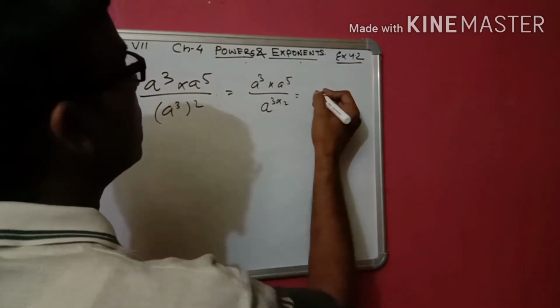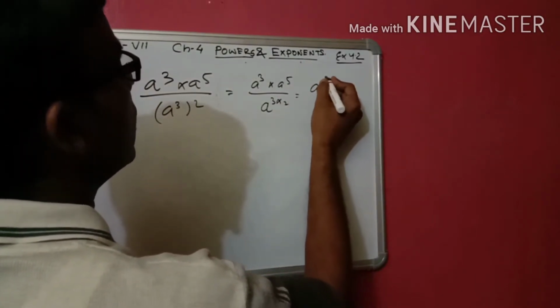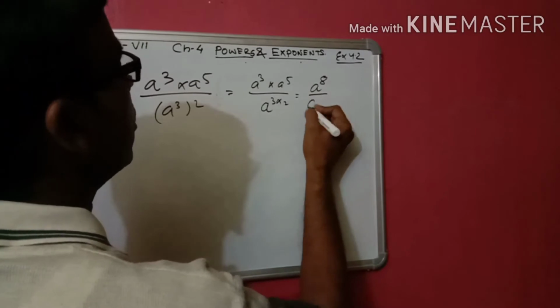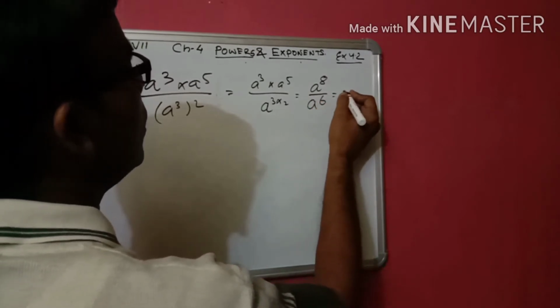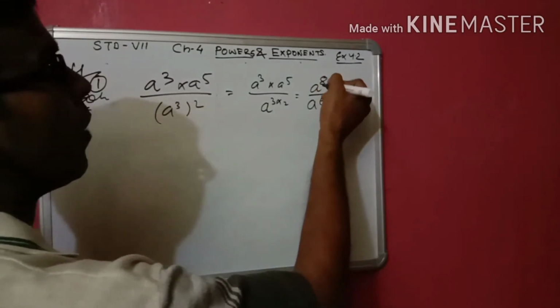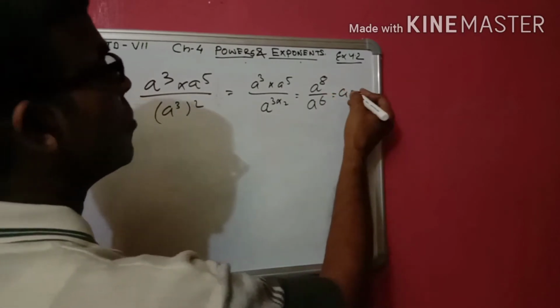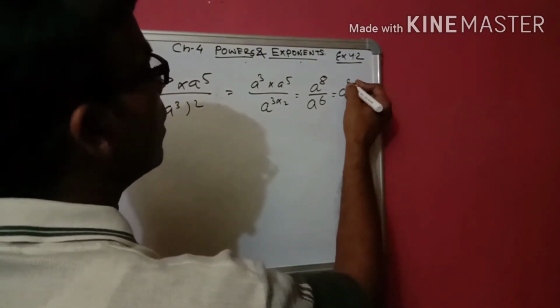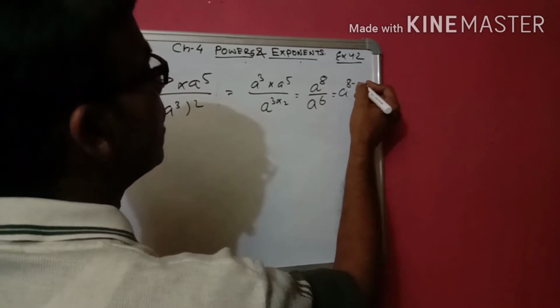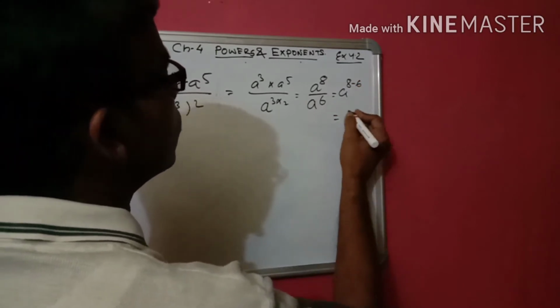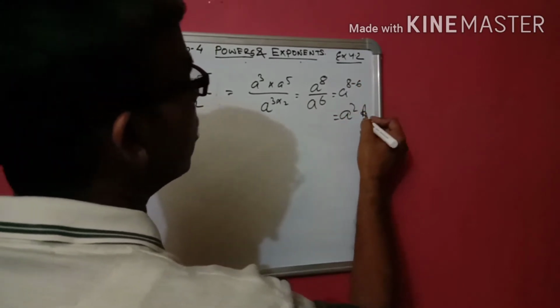So the base is the same, the powers will be added: a to the power 8 here, a to the power 6. Now a to the power m divided by a to the power n, I can write a to the power m minus n, means 8 minus 6. Therefore it is a to the power 2. Write down please.